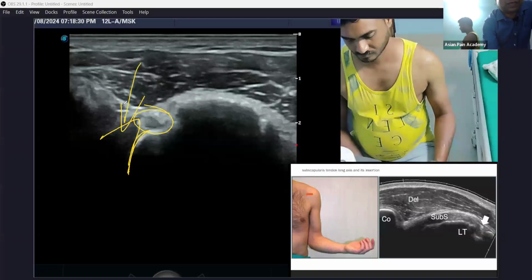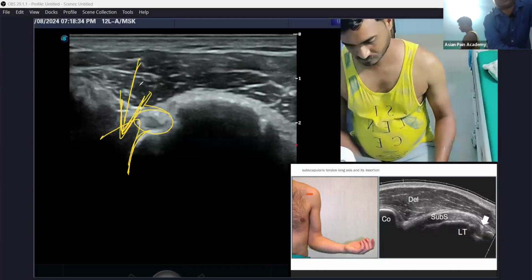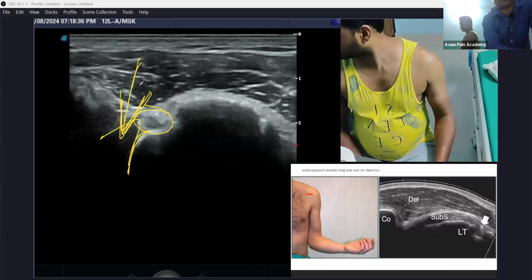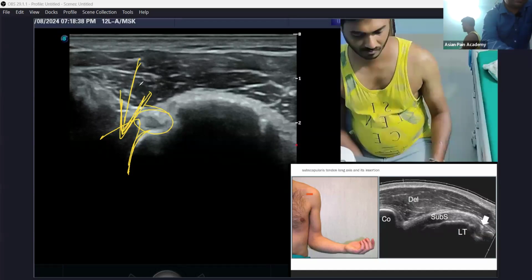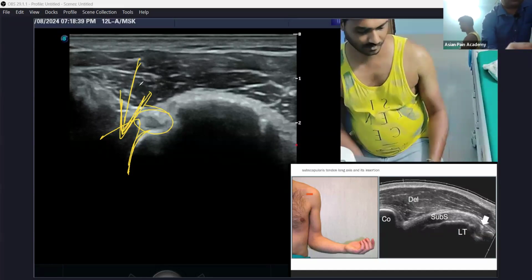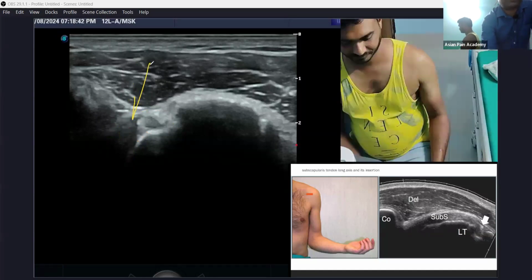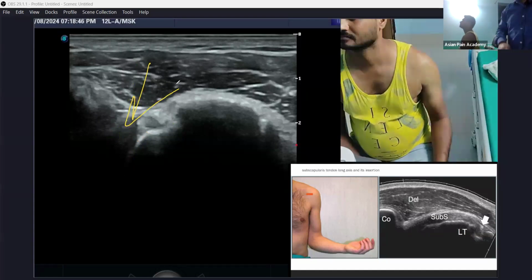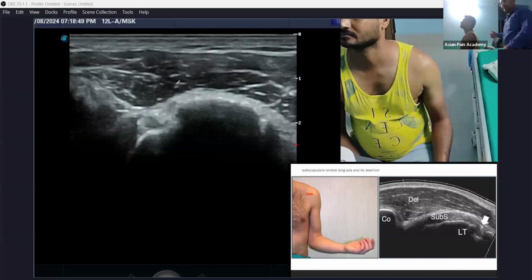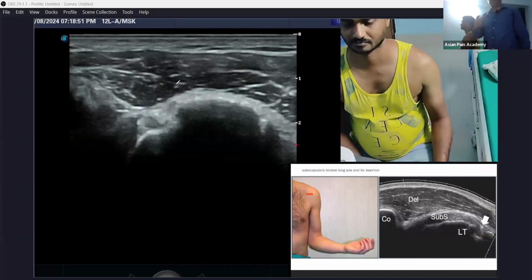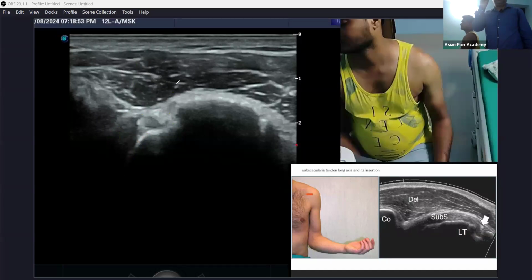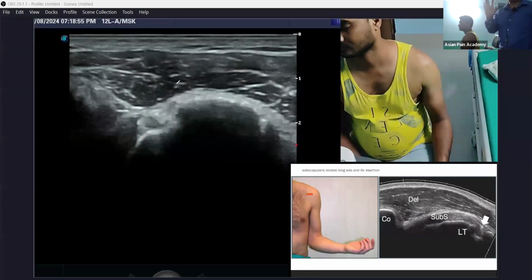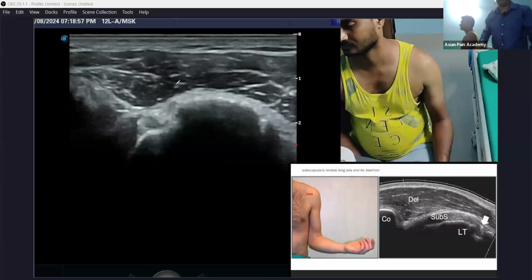If there is an impingement, then we shall call it a subcoracoid impingement. Different areas of impingement can occur, so this is another site of impingement. Impingement means the patient feels pain when doing a certain movement, that is called impingement syndrome.